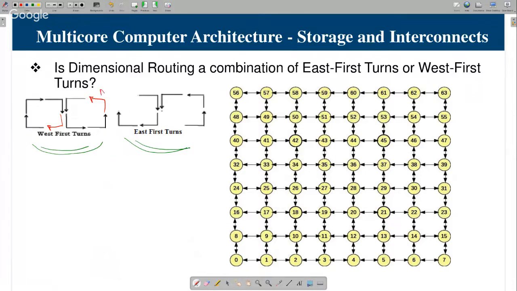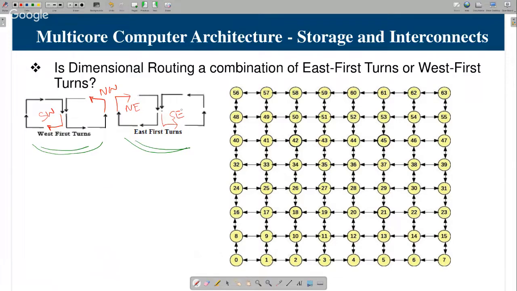So this is basically the northwest transition, and this is the southwest transition. Similarly, in the case of east first turn, the northeast transition is prohibited and the southeast transition is prohibited. The idea of west first and east first is that if you want to travel either west or east, depending on the case, you have to take that turn initially. Once you take any non-west turn, you are no longer allowed to take a west turn.